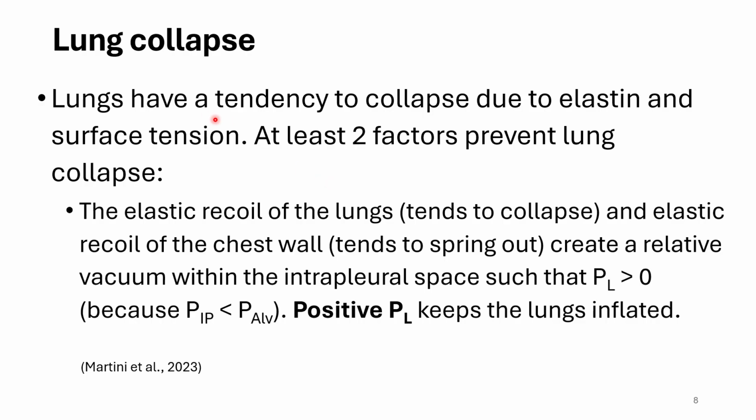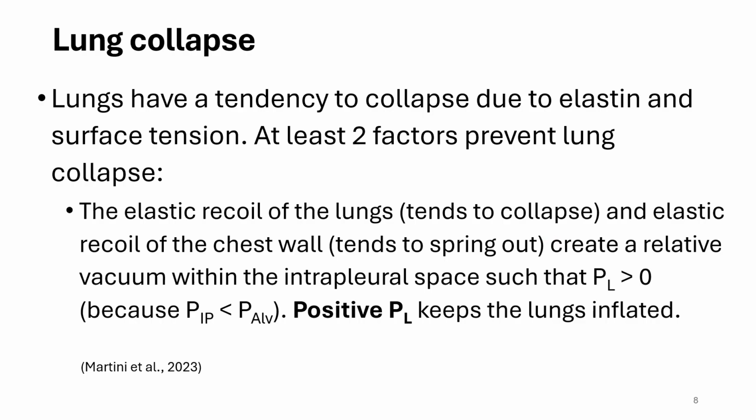Lung collapse. The lung has a tendency to collapse, and it is prevented by two factors. The first is the elastic recoil of the chest, which helps keep the lung open.